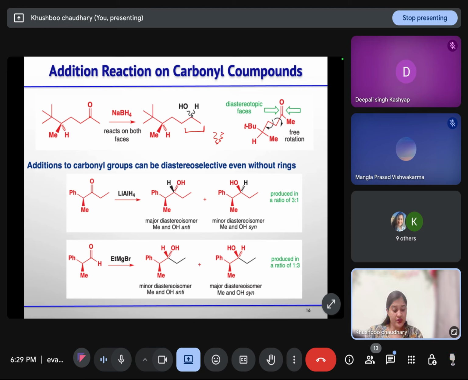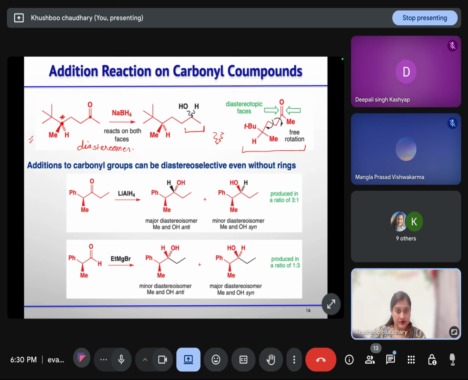Whenever there is already a chiral center present in your molecule, and the nucleophile approaches the carbonyl center, one more chiral center is generated, and those compounds will be diastereomers of each other, because one stereocenter is already fixed and the other can have two possibilities. So those compounds will have diastereotopic faces.